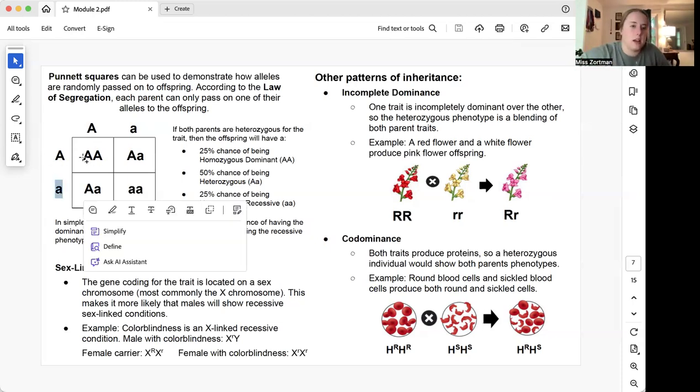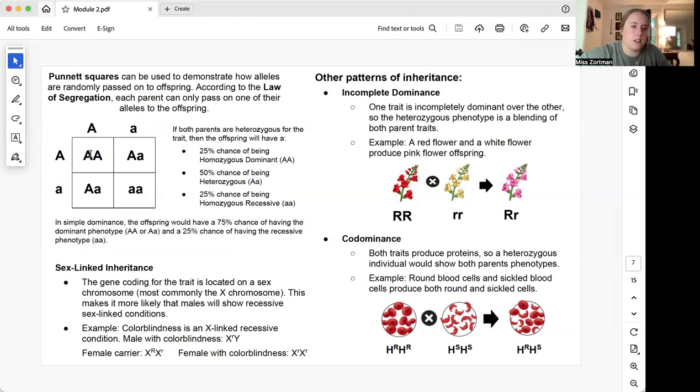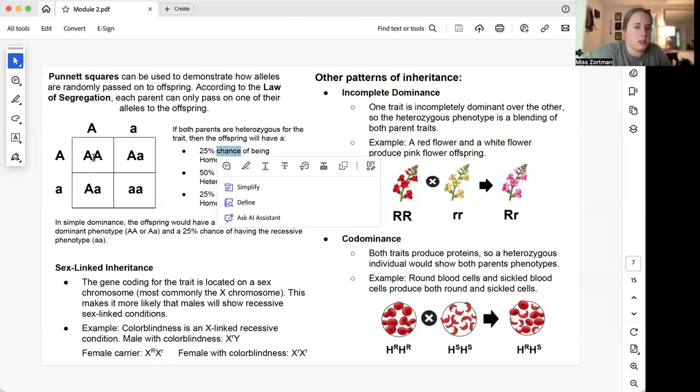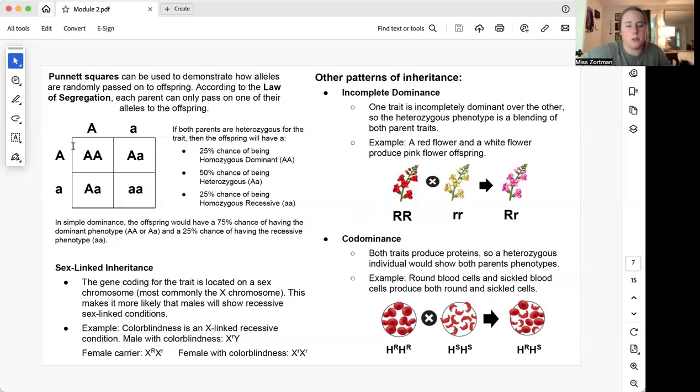So capital A is over this box. This capital A goes here, lowercase drops down. Capital drops down, lowercase gets pulled over, and then lowercase in that one. That can predict, in the example they have here, a 25% chance of homozygous dominant because there's only one with two capital letters.